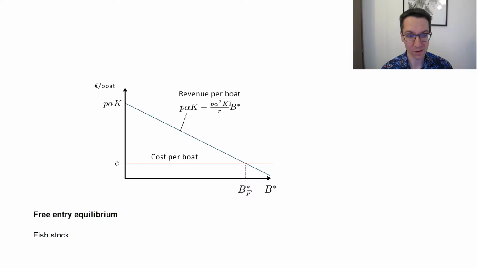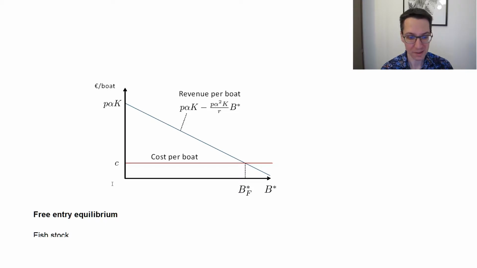So people enter, and then we reach this steady state quantity of bolts in the ocean. We label it B star F, for free entry, where the marginal revenue for one extra bolt, this expression there, has to be equal to the marginal cost of one extra bolt.